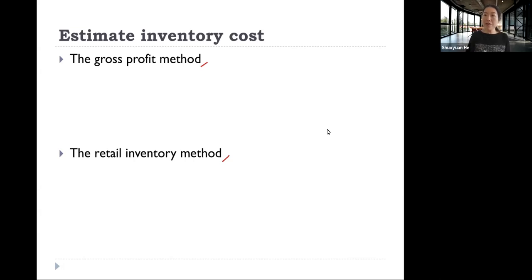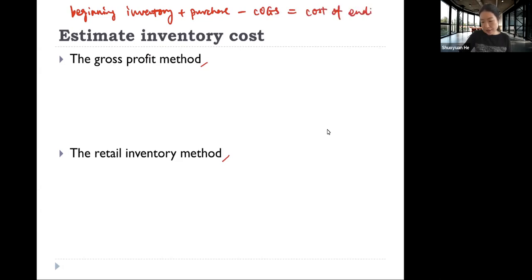If you still remember the formula we talked about last class: the cost of the beginning inventory plus purchases minus cost of goods sold equals the cost of ending inventory.